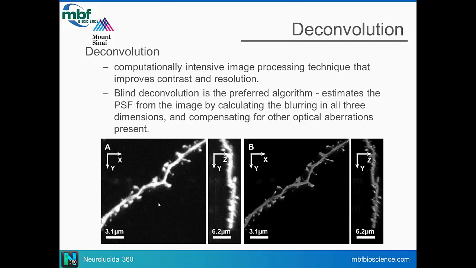It also will help get rid of any sort of Z smear or any other sort of aberrations that you acquired while you're imaging. It doesn't work so well when you've got sort of a head detector problem with your confocal. So you get those line scan issues that can crop up with confocals. So you need to make sure your scope is in good working order when you capture your images as well.